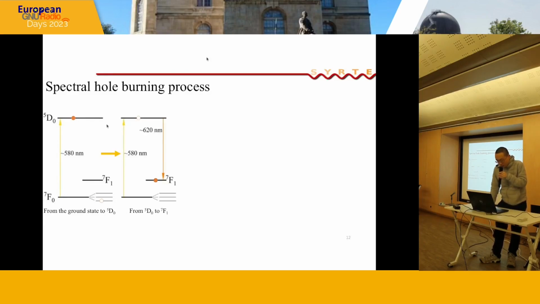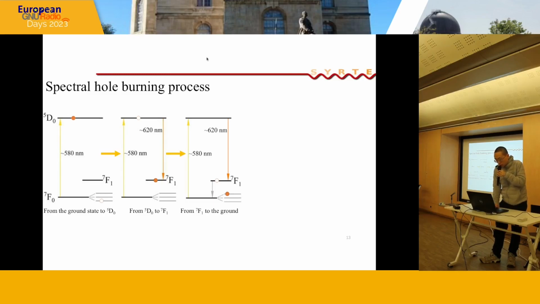And then through fluorescence emission, this particle will drop to the 7F1 energy level and emit light around 620 nanometer. And then through a non-radiative transition, the particle will finally go back to the ground state. But as you can see here, in the ground state, there are 3 hyperfine states.